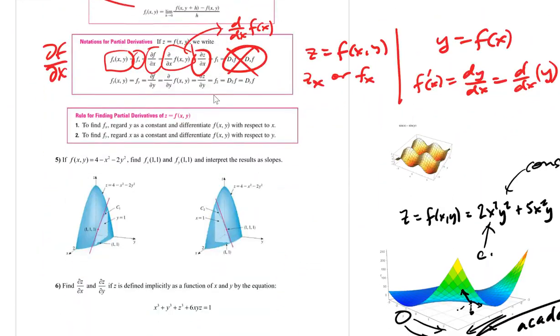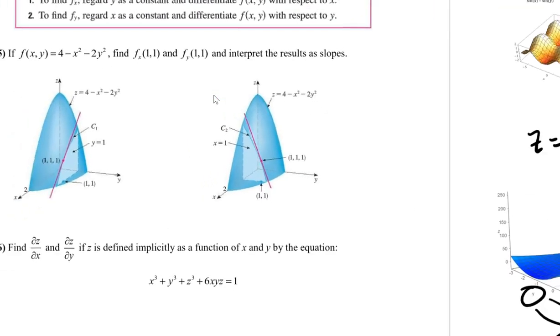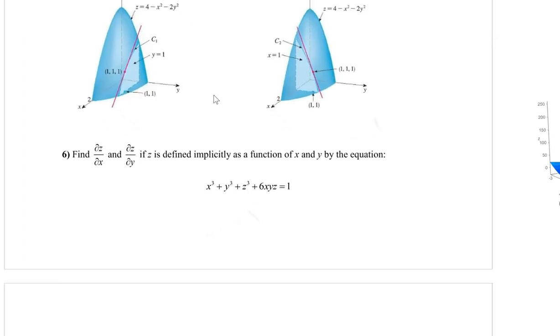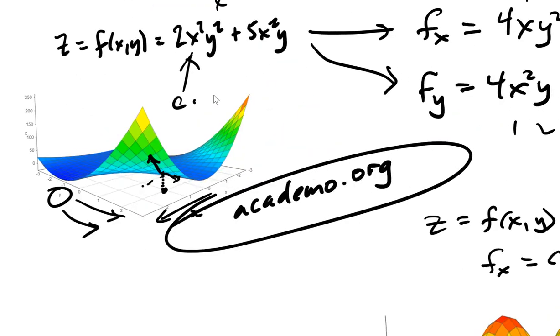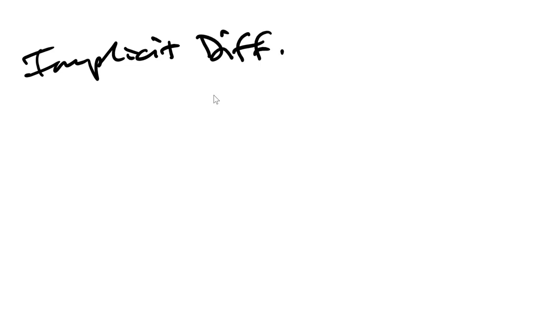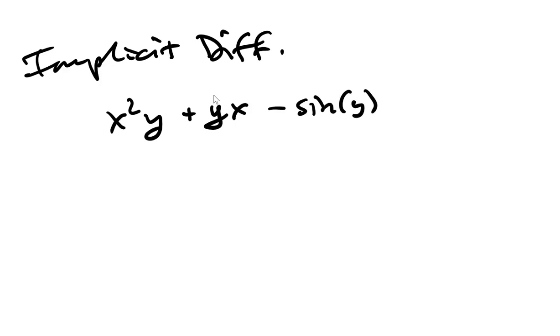All right, so this is what the book has, and they talk about that. So I want to talk about if a function is implicitly defined. Implicit differentiation, remember from Cal 1, you had things like x squared y plus yx minus sine of y equals y squared, and you had to find dy dx.